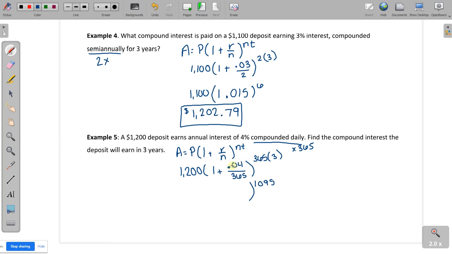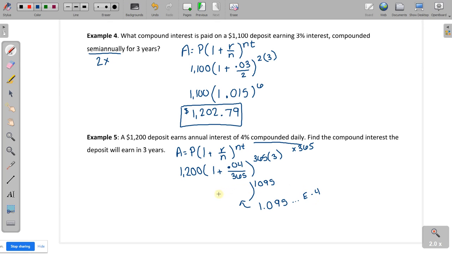And then we're going to take 0.04 and divide it by 365. And our calculator is going to give us a crazy decimal that has an e to the negative 4. So this is a really, really tiny decimal. In your calculator, it's going to look like this: 1.095, continuing on and on, and it's going to show an e negative 4.